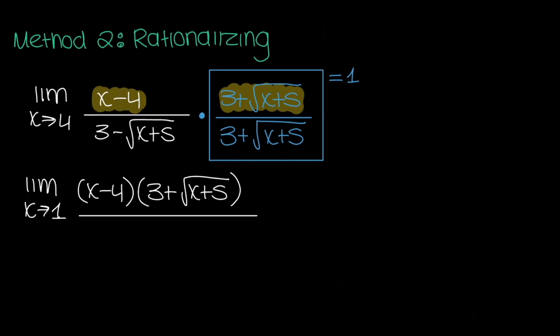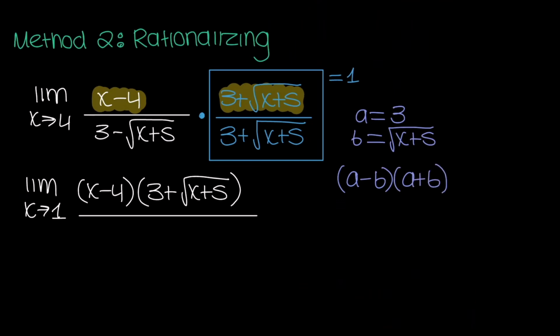And then now we can multiply the denominator. There's an identity you can memorize. So I'm going to say that a equals 3 and b is going to equal the square root of x plus 5, right? And so now if we rewrite everything, we're actually multiplying a minus b times a plus b, correct?